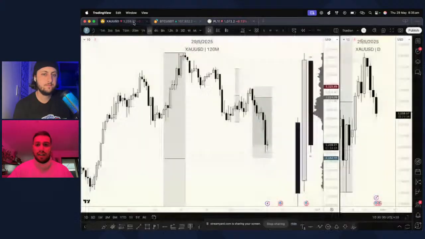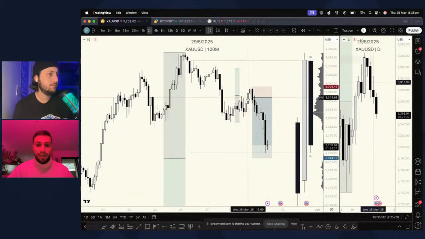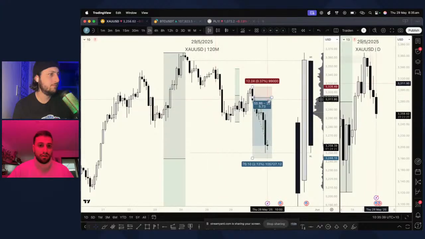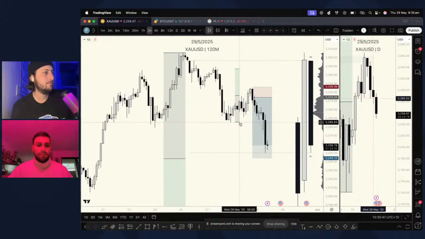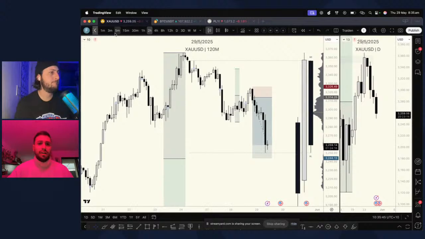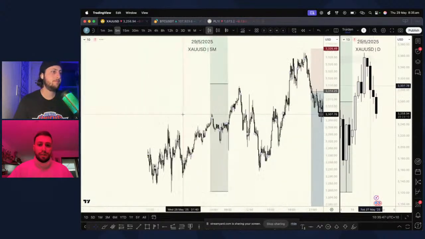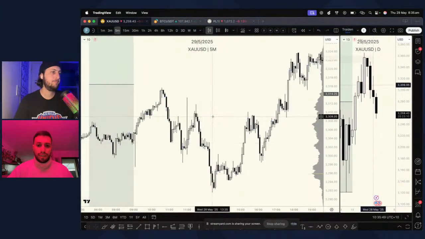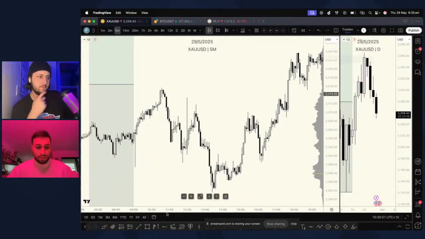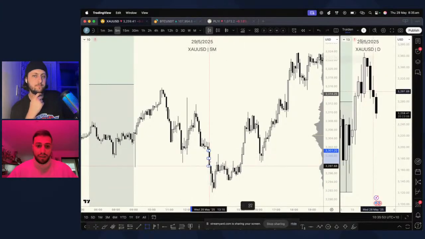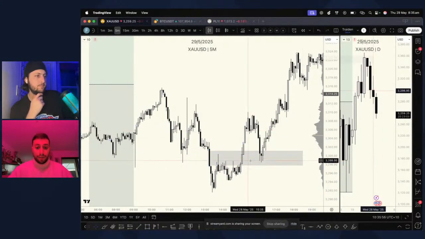Just the same, taking the scalp from here to here made a lot of sense on gold. I believe there were some volume profile levels, lower time frame structure levels, and broken fair value gaps. I was looking at an inverted fair value gap retested, and then you just go along there.